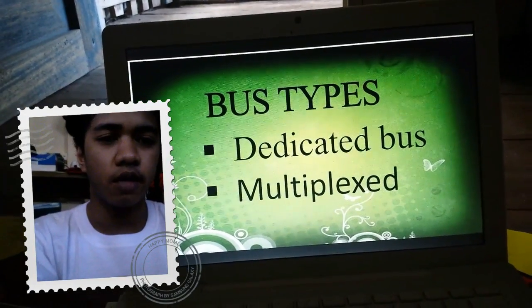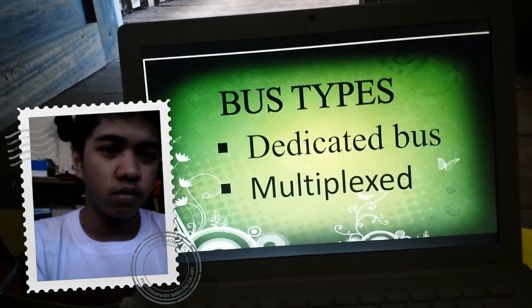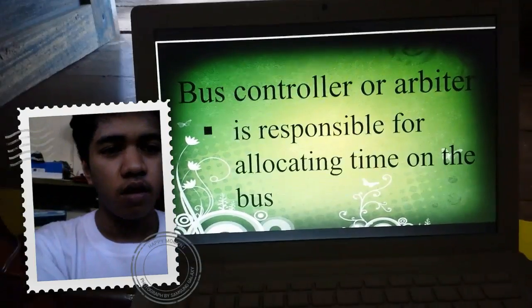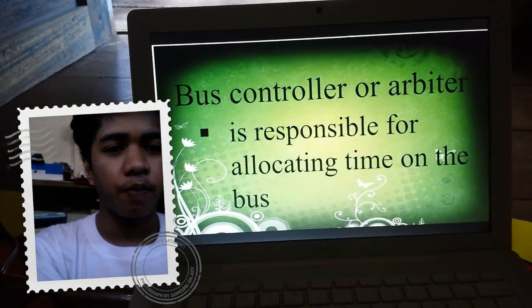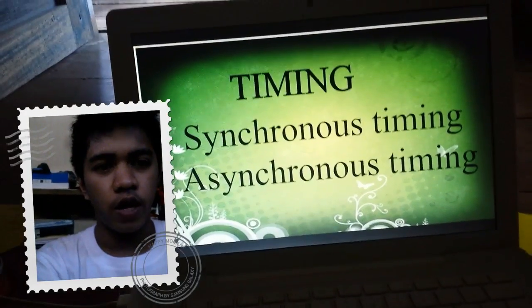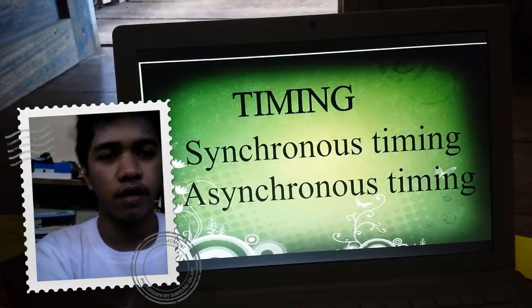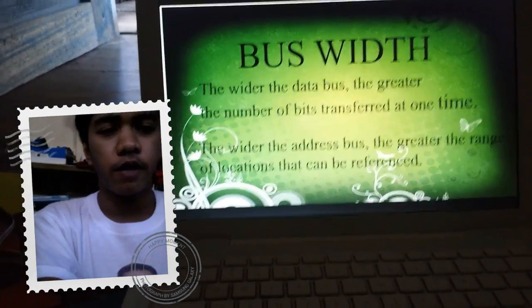The more advantage in using a bus, I think we can see in multiplex. The bus controller or arbiter is responsible for allocating time on the bus. We have two types of timing, the synchronous timing and asynchronous timing.